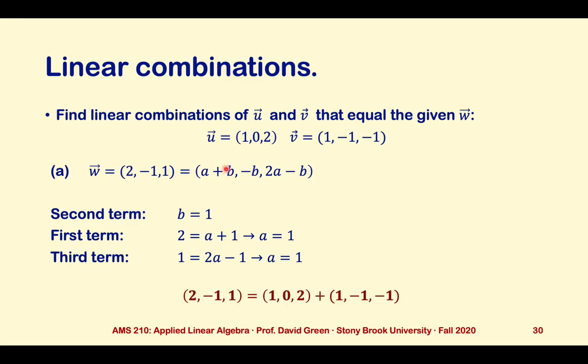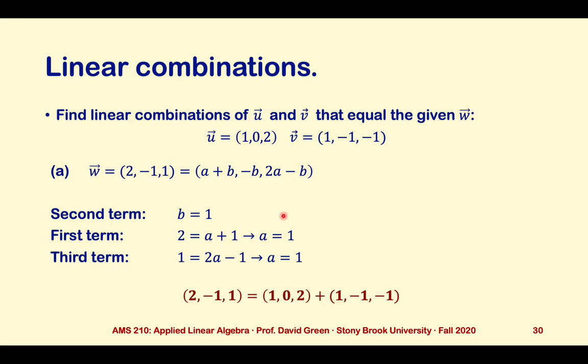Because of the simplicity of the second term, that it's just negative b, we can directly read off from this w that the second element of w is negative 1, that has to be negative b, so b has to be 1. If b has to be 1, then how can we get a plus b equals 2? We can get that by a equals 1.